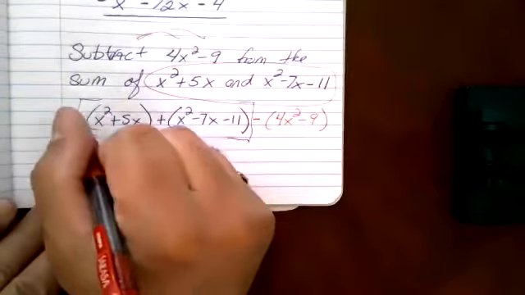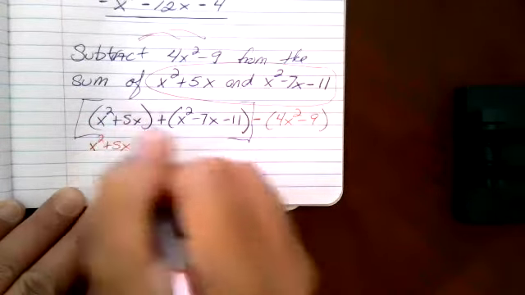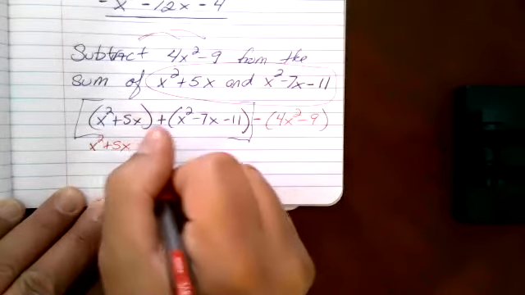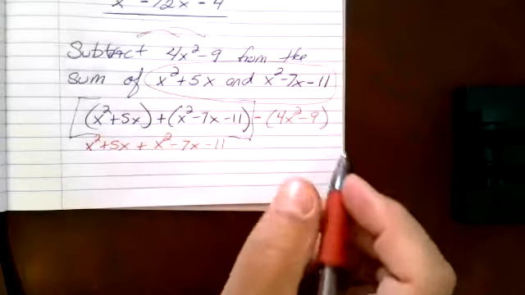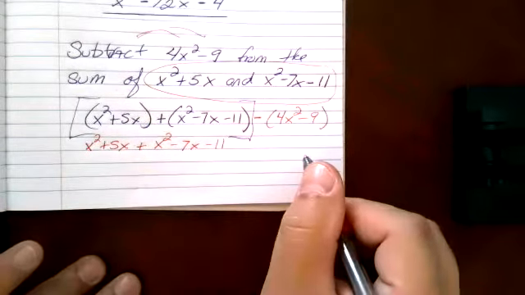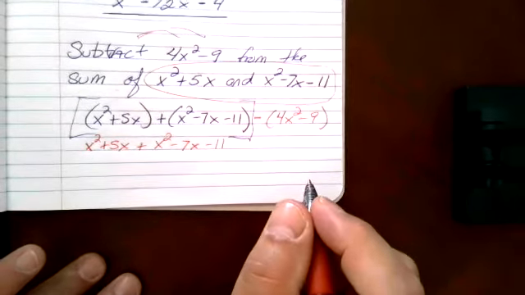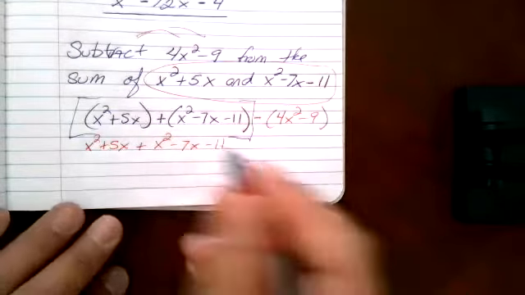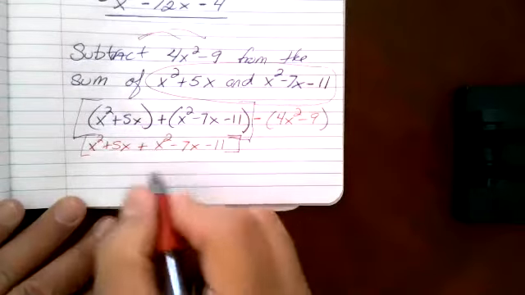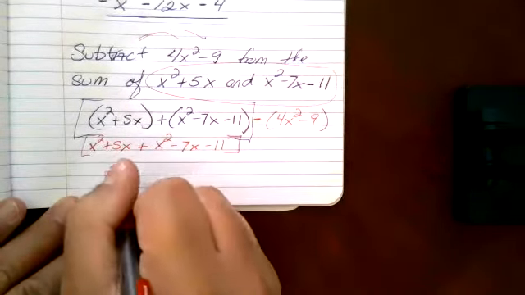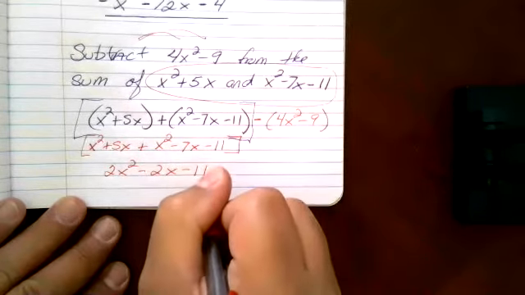Now, if we're going to add this, we distribute what's on the outside. So we're going to have x squared plus 5x plus x squared minus 7x minus 11. We could do this all at once, or we could add this first. It doesn't make a difference. Since it said the sum of this, let's find the sum of this first. So this will give me 2x squared minus 2x minus 11.